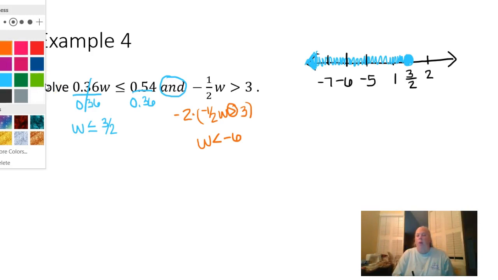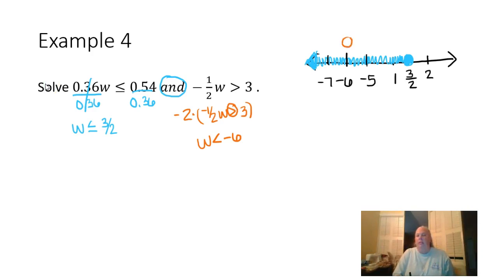We need to have an open circle on the -6, because that's just less than, not less than or equal to. And less than means we want to shade everything to the left. It's going to be all of this, including the arrow, that we would be shading in.